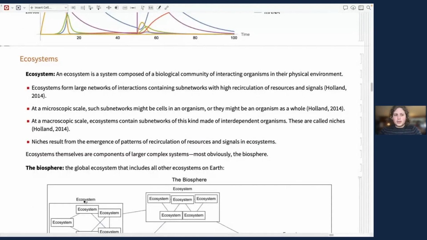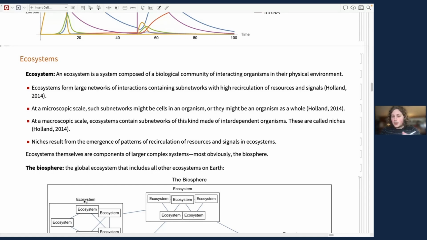So I want to get back to this idea of hierarchical modularity. An ecosystem is a system that's composed of biological communities of interacting organisms in their physical environment. Ecosystems form large networks of interactions that contain subnetworks with high recirculation of resources and signals.